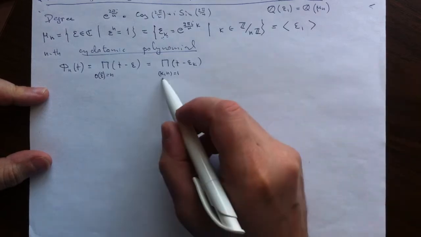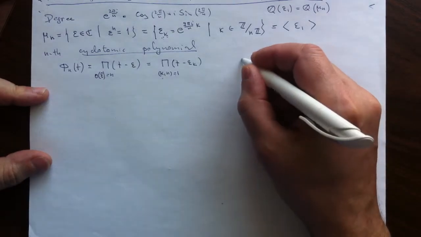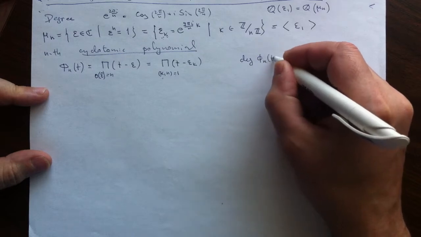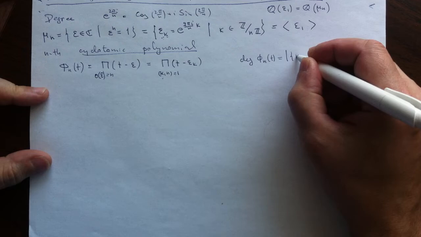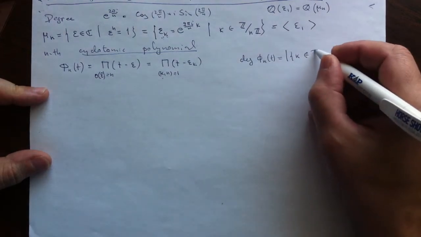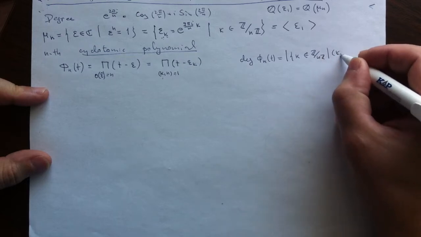The degree will be the number of those k's. So let me just write it down. The degree of phi of n will be the cardinality of those integers mod n which are coprime to n.